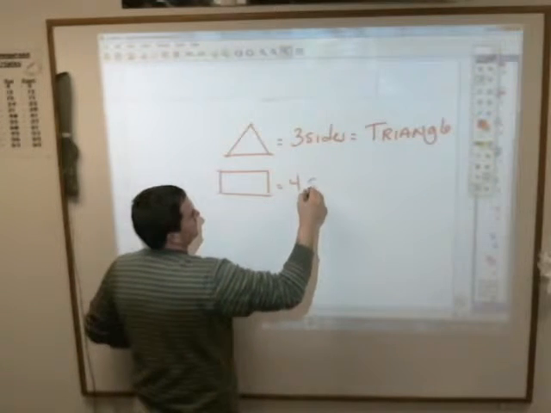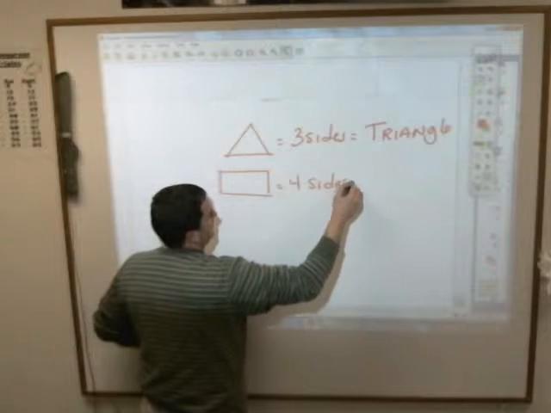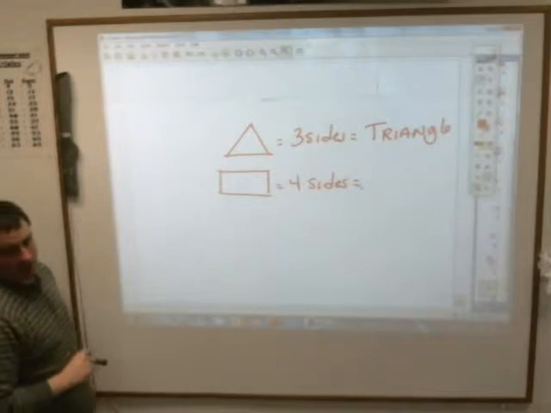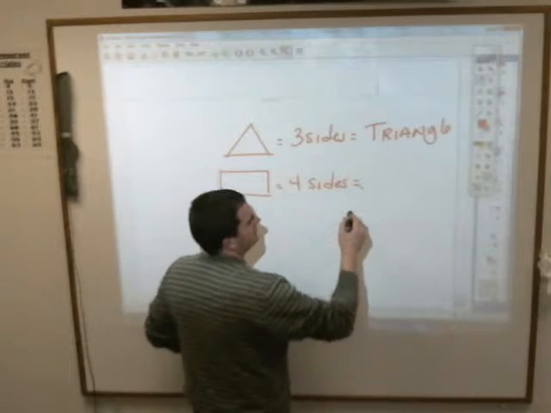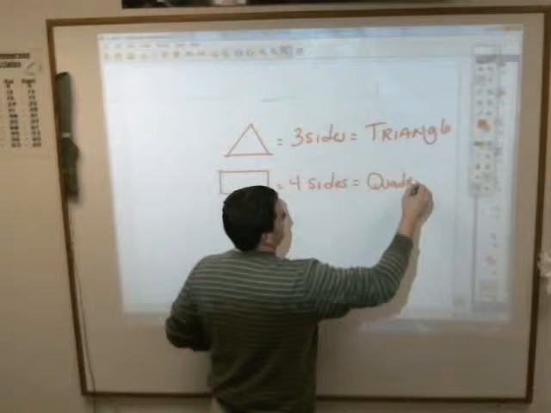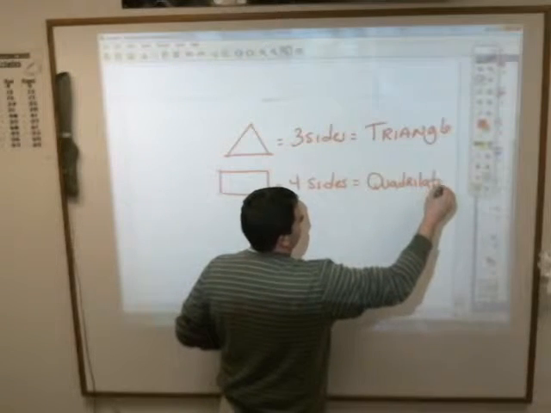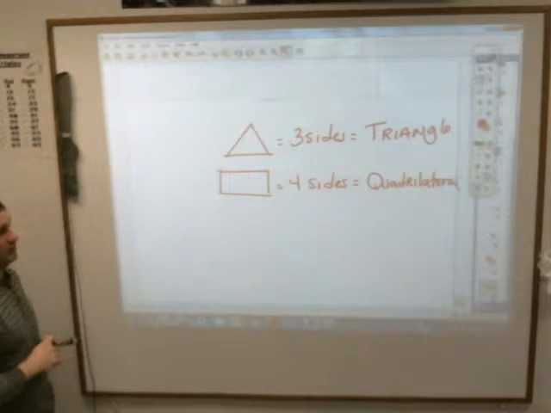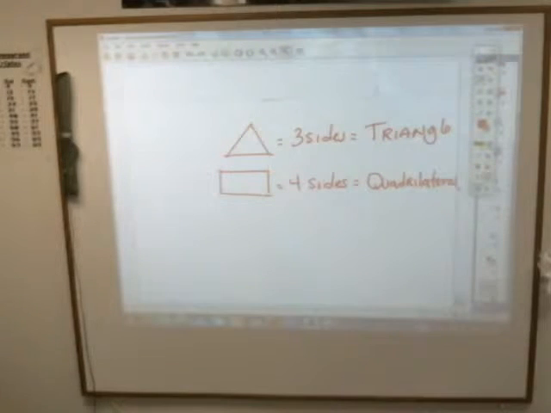If something has four sides, it's not a rectangle, it's not a square, it is a, Kyle? Yes, a quadrilateral. Okay, squares and rectangles all fit in the quadrilateral. Quad meaning it has four sides.